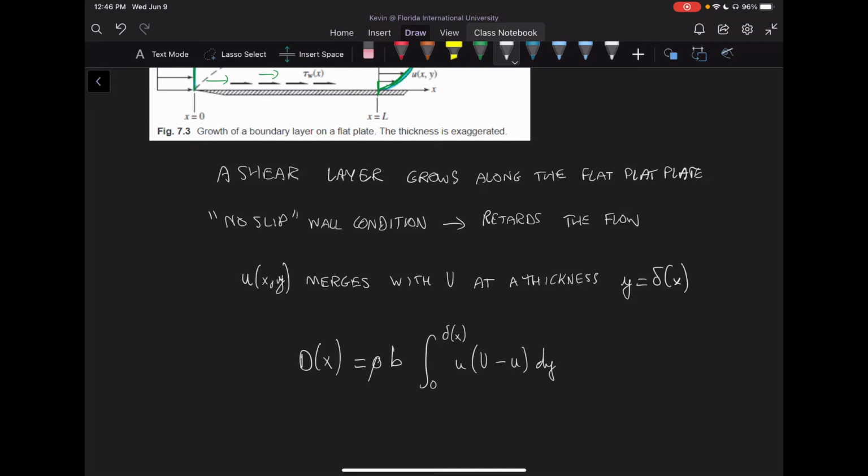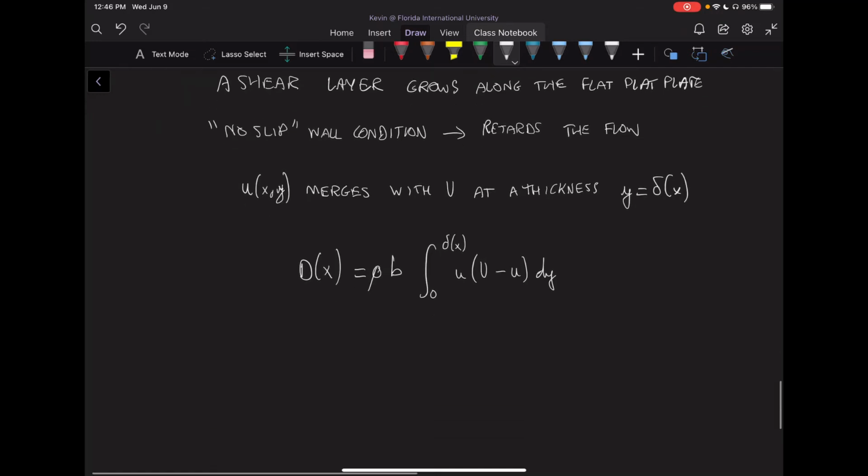And this momentum integral was defined in example 3.11. So if you want to go back to chapter 3, you can look at example 3.11, where a derivation for this D of x is given.